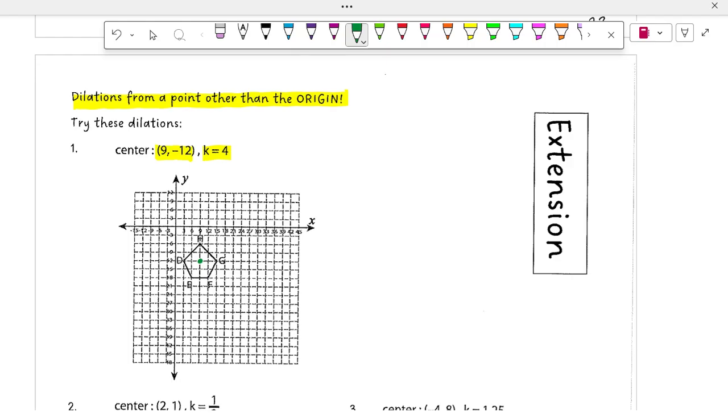So this is where it gets a little bit different. Because we know that the side lengths will have to be expanded by a scale factor of 4. However, we don't know for sure where those new points will land because we know it's not going to go through the point 9, negative 12.